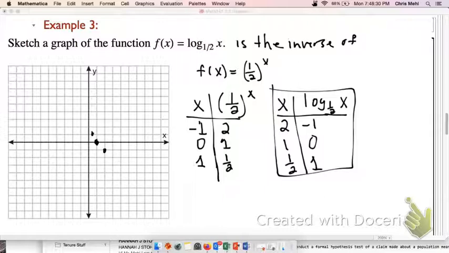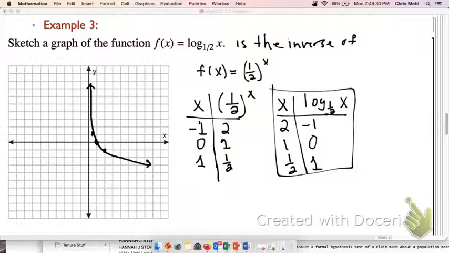And I maybe should have talked about this a little bit earlier, but where the x-axis is a horizontal asymptote for the exponential functions, the y-axis is always a vertical asymptote for a logarithmic function. So the graph of this looks something like this.